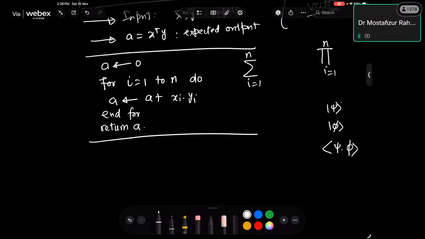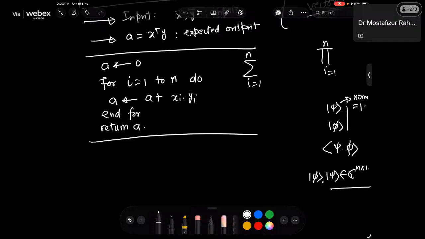There are additional conditions that they are normalized, meaning their norm equals 1. Also ket psi belongs to C^(n×1), and so does phi. These are additional constraints, but in general this dot product is true for any vectors, irrespective of whether they are quantum states or not.